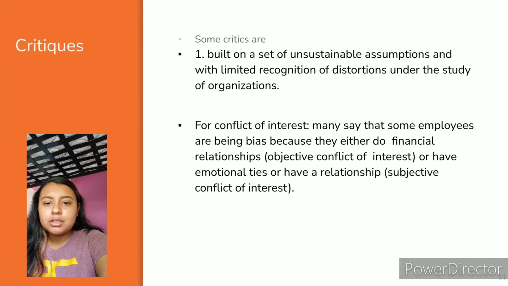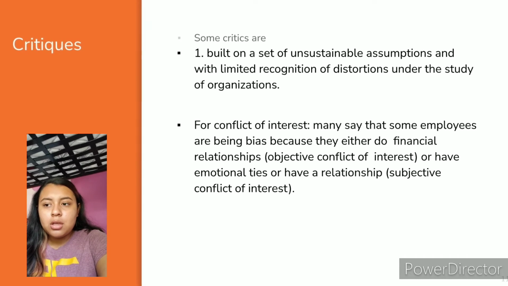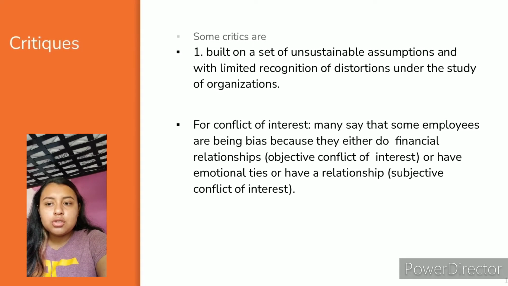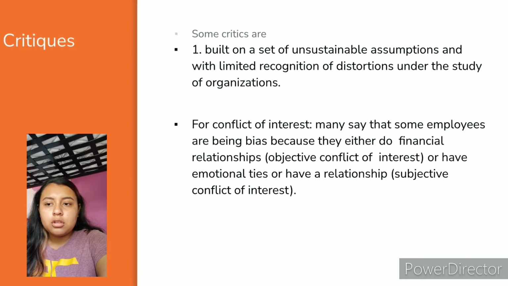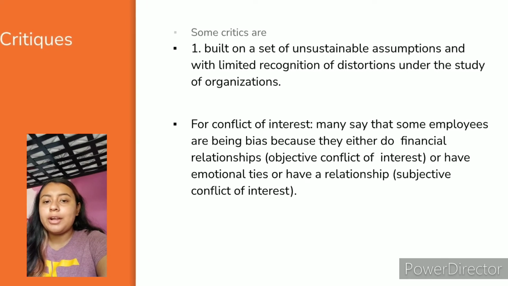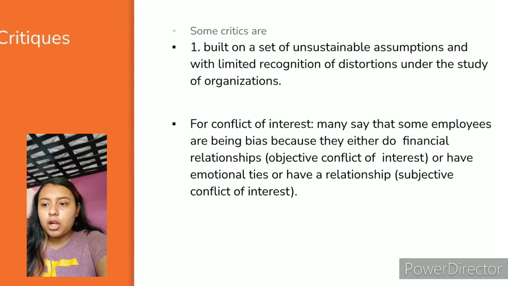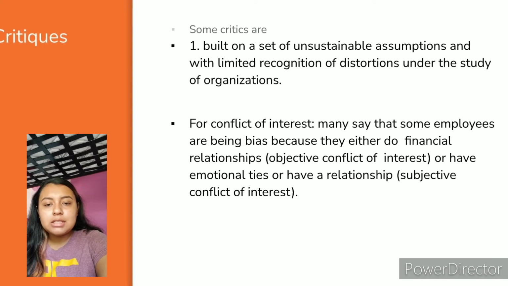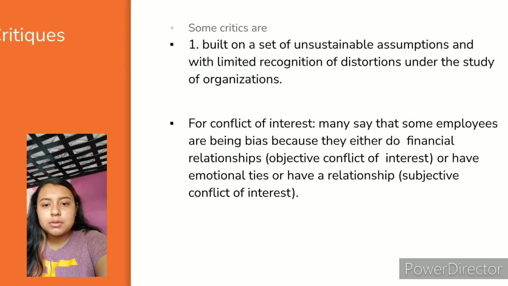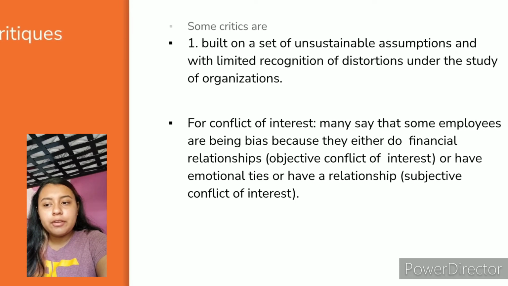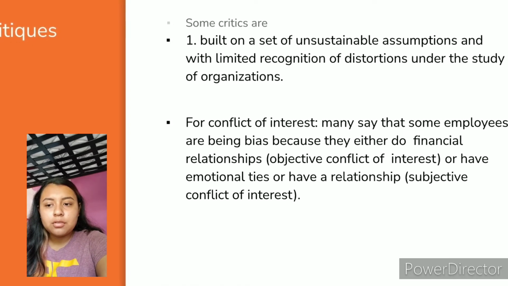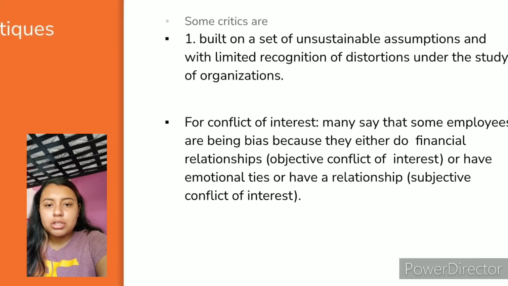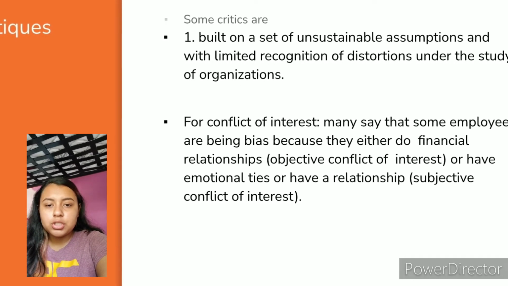Critics. Some critics argue that the rational model was built on unsuitable assumptions and with limited recognition of discretion in the study of the organization. For conflict of interest, many say that employees are biased because they have either financial relationships, which are objective, or an emotional tie or relationship, which is subjective.